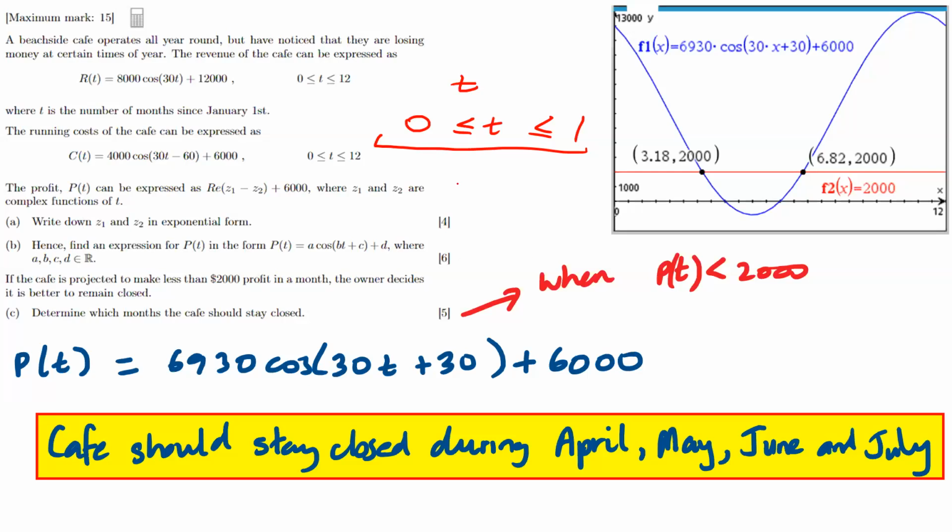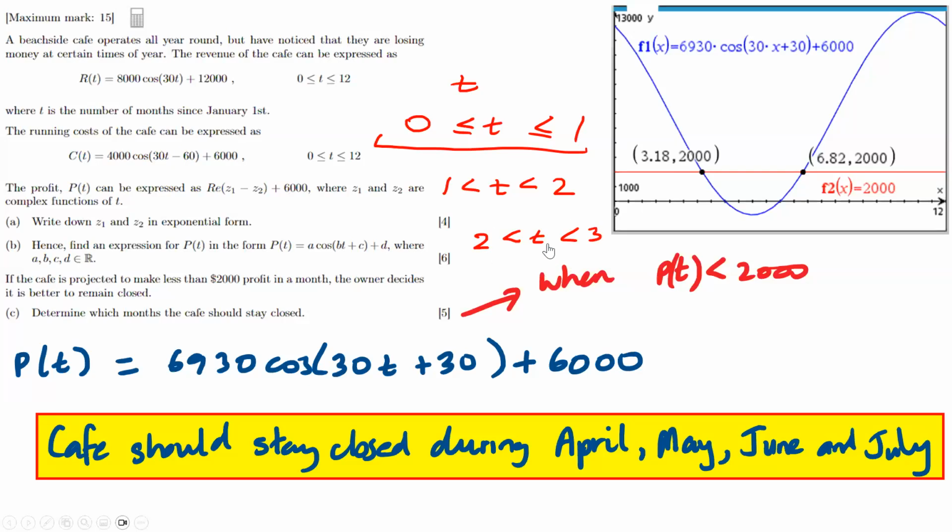Once we get to 1, and I'll just make sure I'm not crossing over my inequalities here, when t is between 1 and 2, that's February. So you could say, for example, any time t that starts with a 1 is in February. Any time that starts with a 0 is in January. Any time that starts with a 2, so if the value of t is between 2 and 3, that's March.